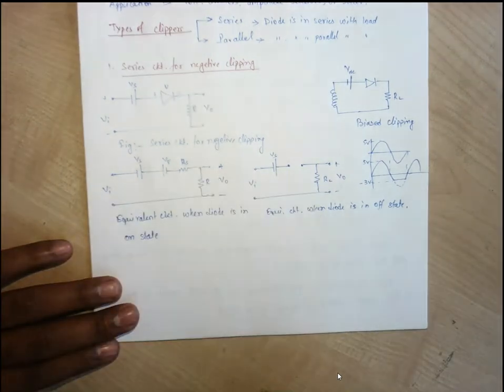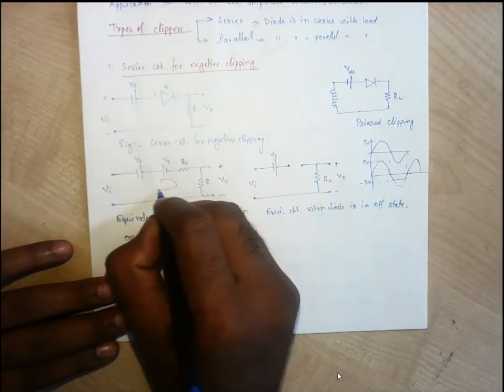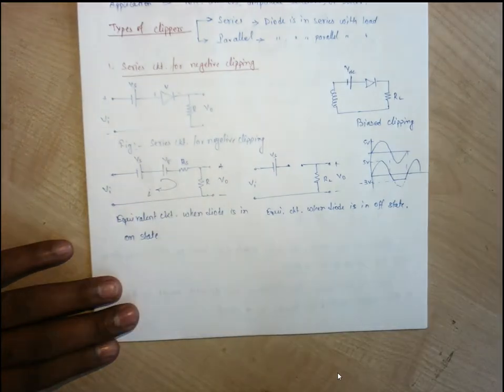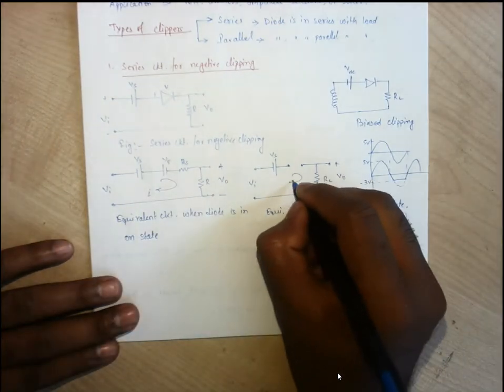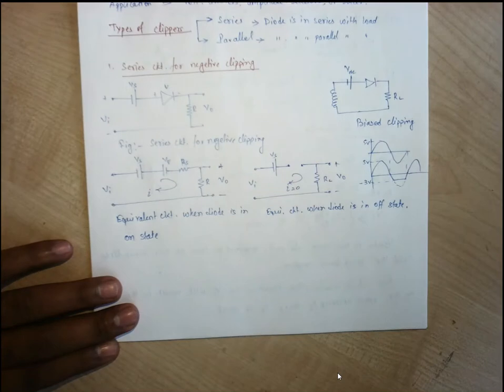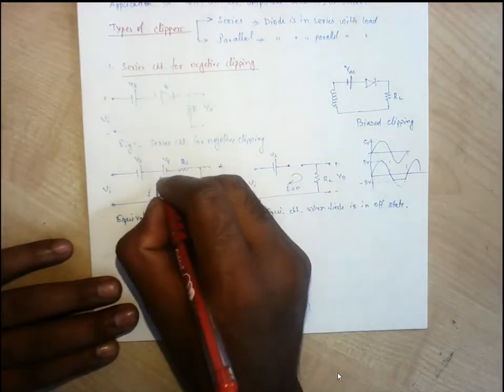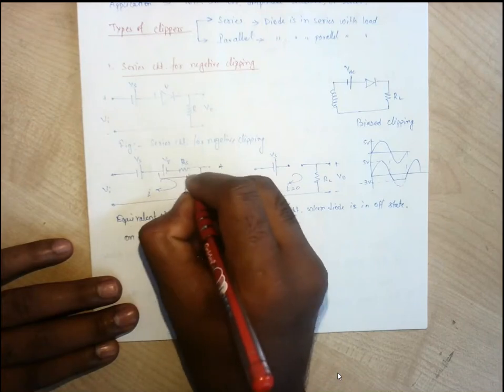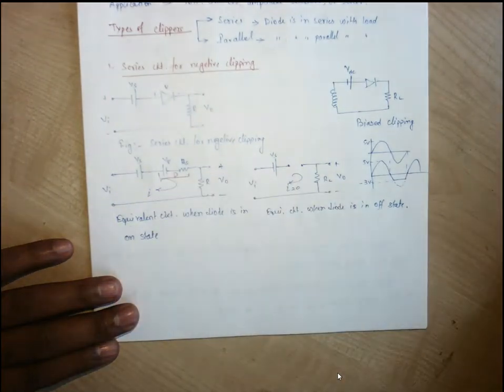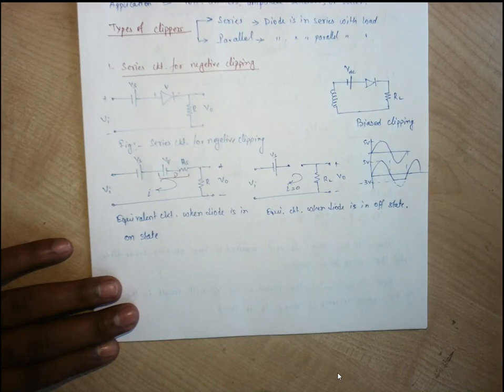In the on state, current will flow. Let us consider this is the direction of the current. In the off state, current is completely zero. Okay, so this is what our diode is. These two give the identification of the diode.